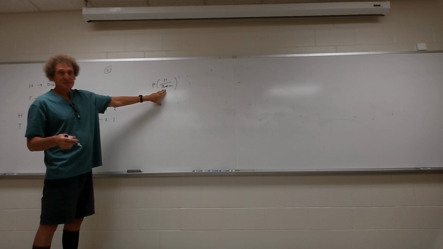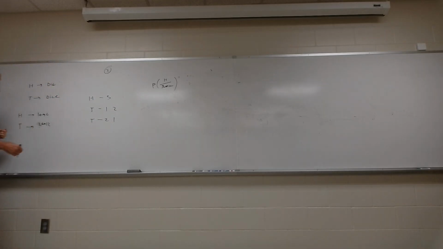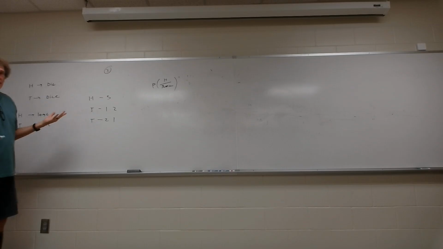Now you've got to think about this. The probability of a 3 as an outcome. For the first, there's only one possibility, right? Now for the second, there's 2, right? But what's the total space?